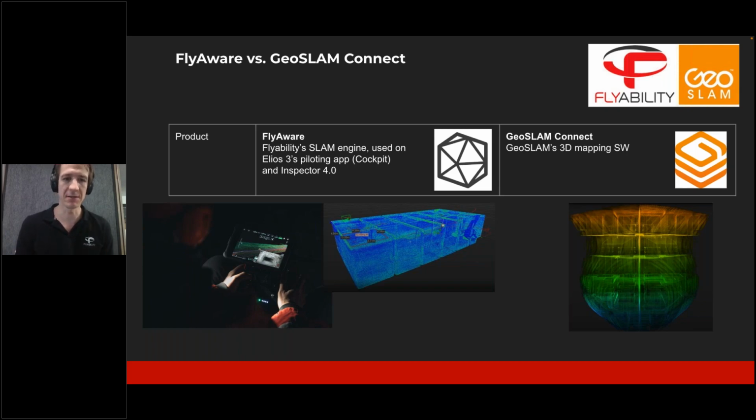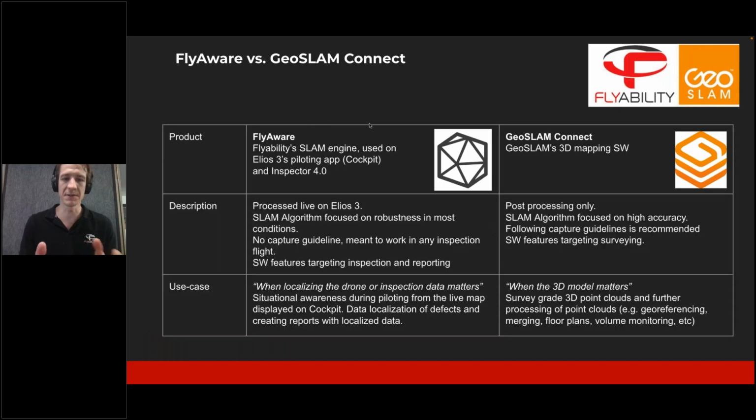On the next table, there are a few explanations on the differences, and really you'll understand that FlyAware and GeoSLAM Connect are very complementary. So first of all, FlyAware is really processed on Elios 3 in real time, and it's an algorithm focused on robustness in most conditions. There's no capture guideline.